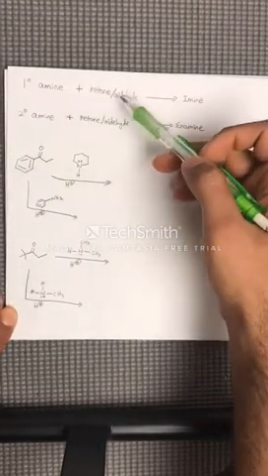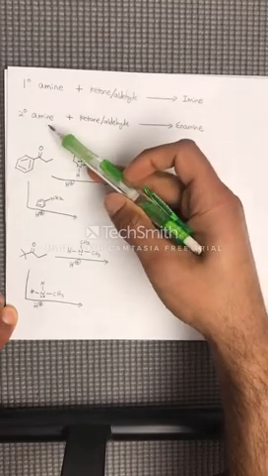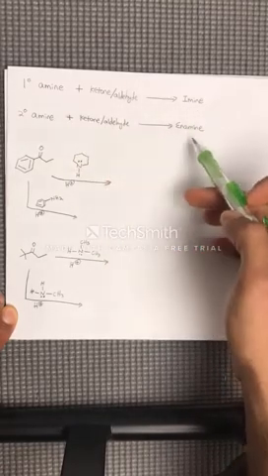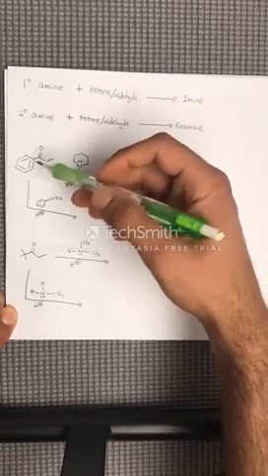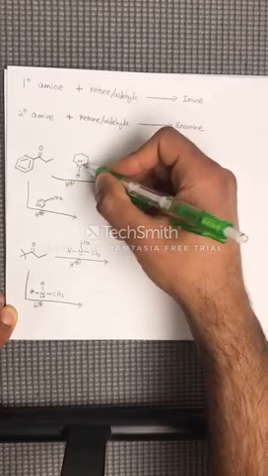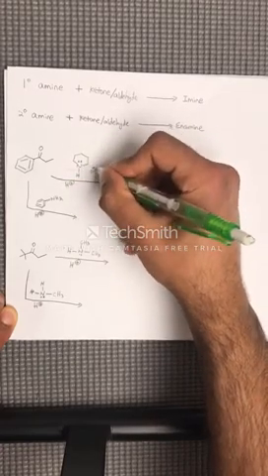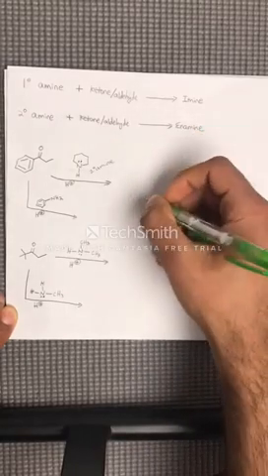A primary amine reacting with a ketone or aldehyde makes an imine, whereas a secondary amine reacting with a ketone or aldehyde makes an enamine. Let us consider the following examples. Here we have a ketone, and it's reacting in this first reaction with a secondary amine. So our product should be an enamine.